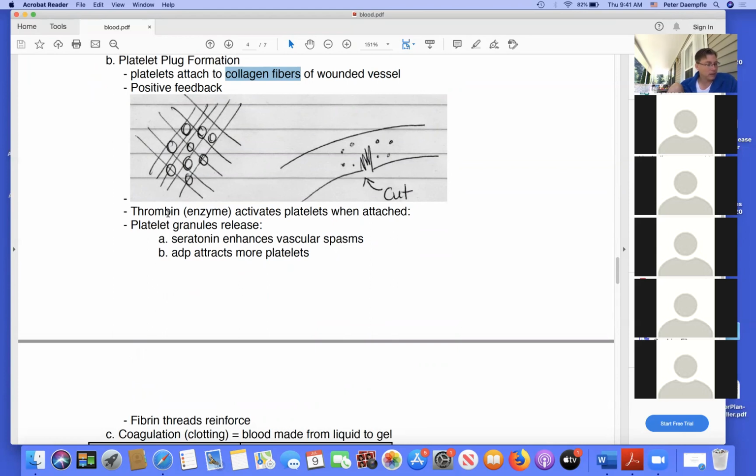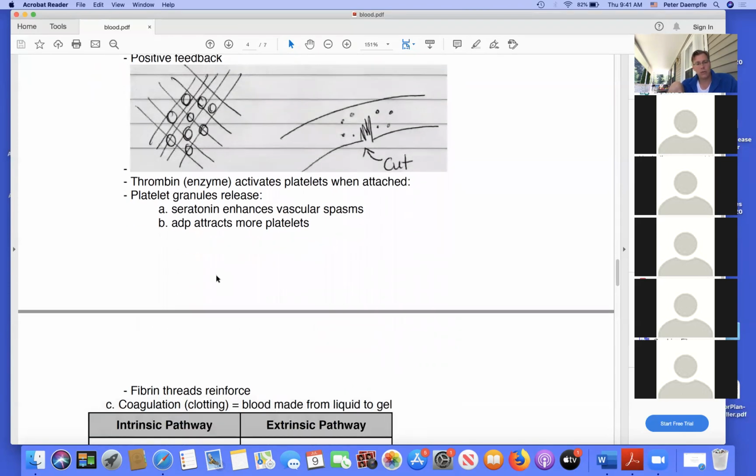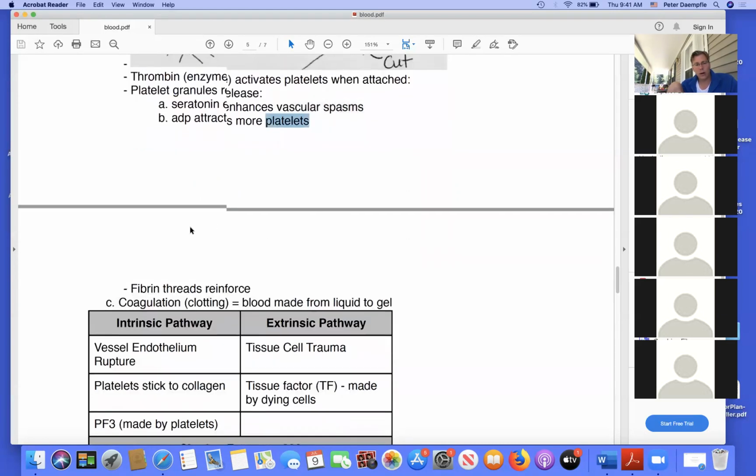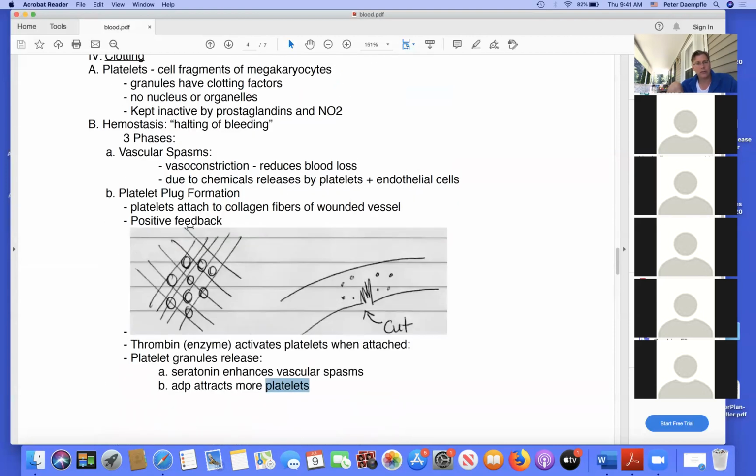In this case, it's a clot in a vessel causing a heart attack on the right, and on the left, it's a little image of a clot. And platelet granules are activated when there's a series of different enzymes. And we're going to go over those different enzymes acting. It happens to be that serotonin enhances vascular spasms, ADP attracts more platelets, and what occurs in the final step, right?